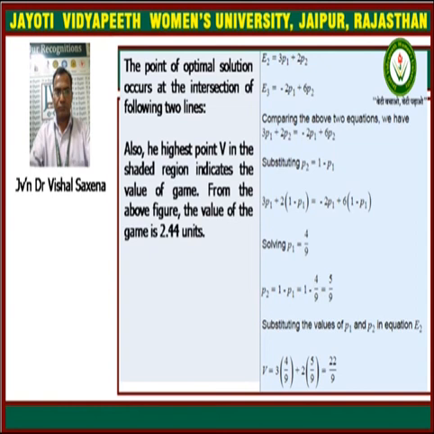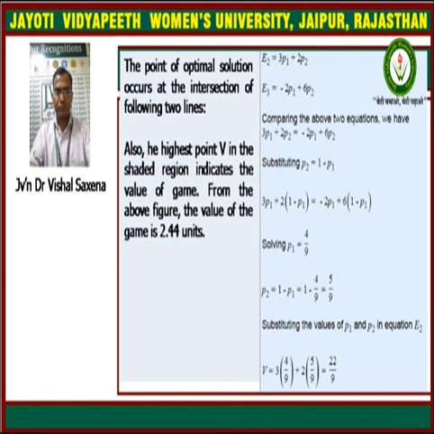Comparing the two equations and using p2 equal to 1 minus p1, because p1 and p2 are probabilities, when we solve this reduced equation, p1 becomes 4 upon 9, and p2 is equal to 1 minus p1, so p2 is 5 upon 9.